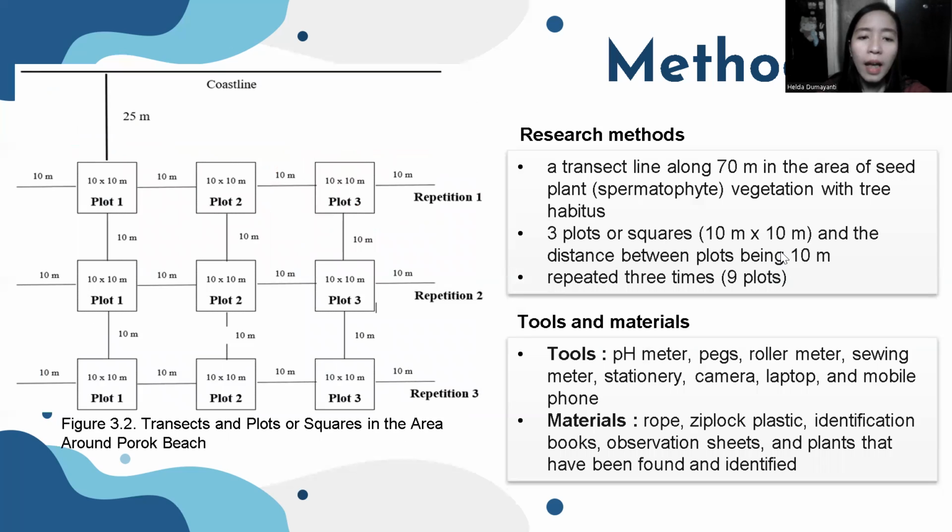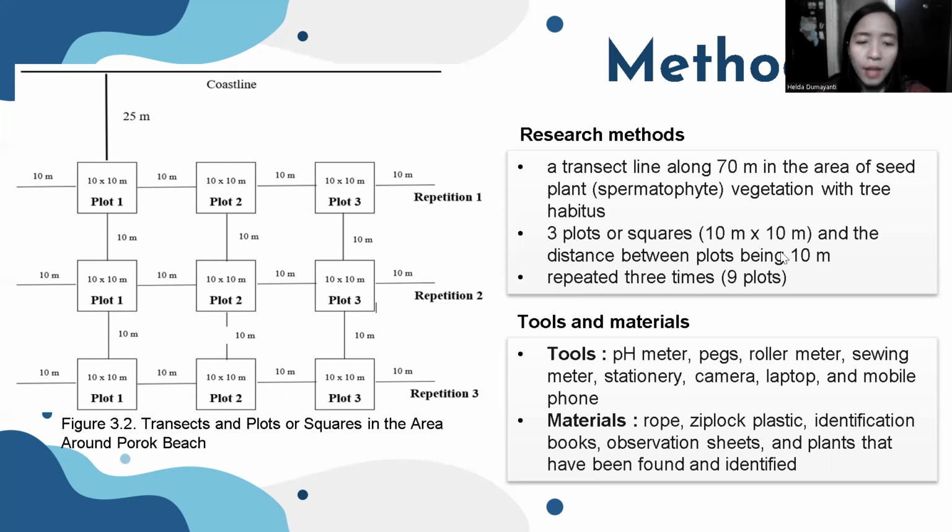A transect line along 70 meters in the area of seed plant vegetation with 3 habitus. 3 plots are squares 10 meters times 10 meters and the distance between plots being 10 meters. Repeated 3 times equals 9 plots.